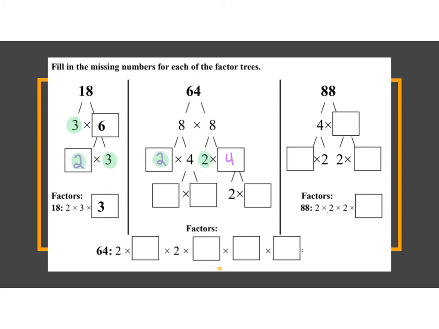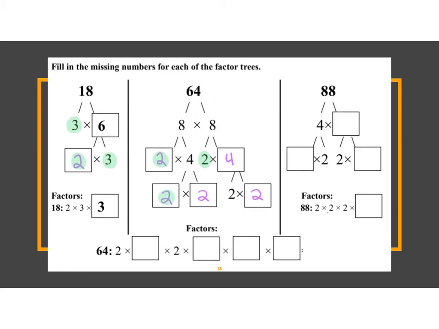Both 4's are composite, so we need to break those down even further. 4 can be broken down into 2 times 2. And 2 times 2. Now we are left with only prime numbers.